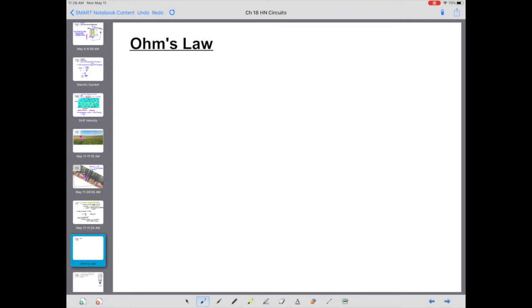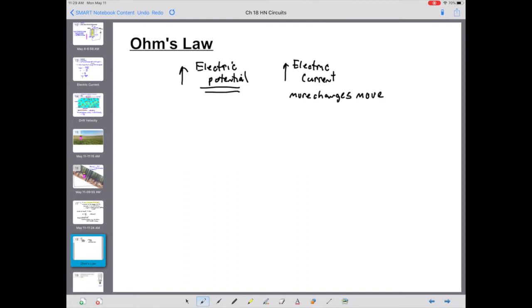And this brings together our electric potential and our electric current. The more electric potential, when this becomes greater, that means that you're going to motivate more charges to move. You're going to have a higher electric current, and these are proportional to each other.